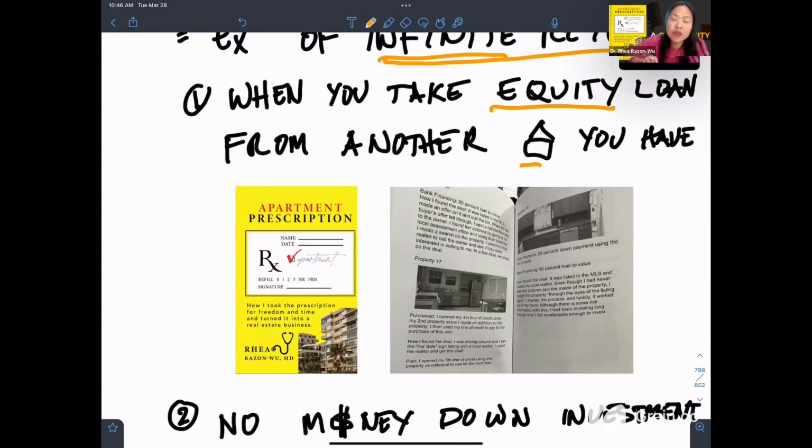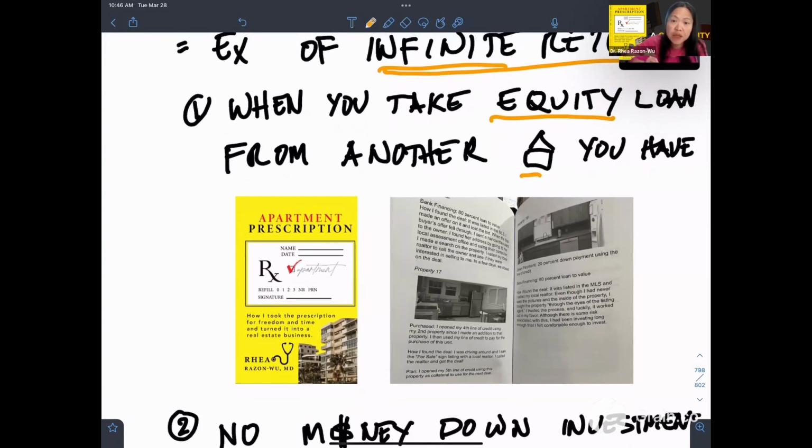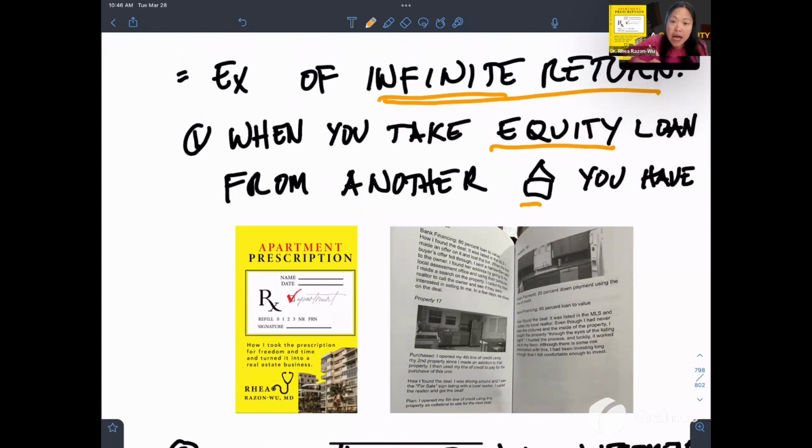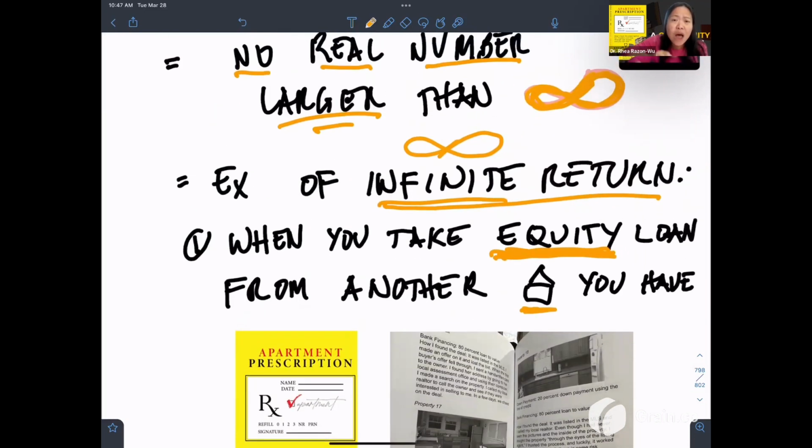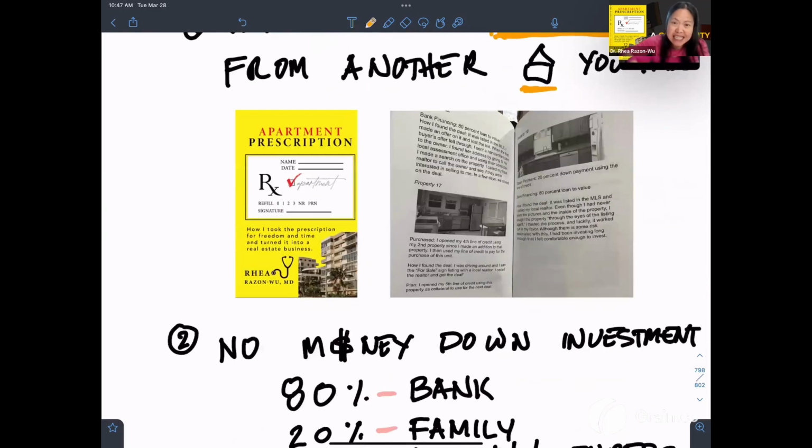If you read my book, it's all the way closer to the end, where I shared my 50 units and how I bought them. I was taking an equity loan, called a line of credit, from another property of mine. That's how I was buying from one property to another. And so when I use the equity to purchase another property, that gives me infinite return. Infinite means there is no real number larger than infinity. So isn't that awesome?